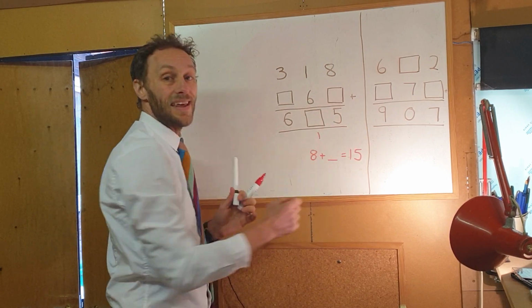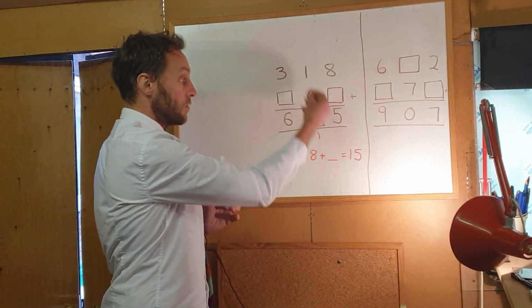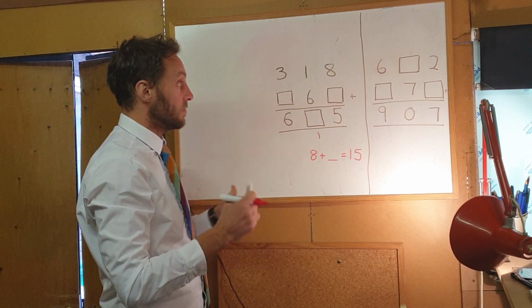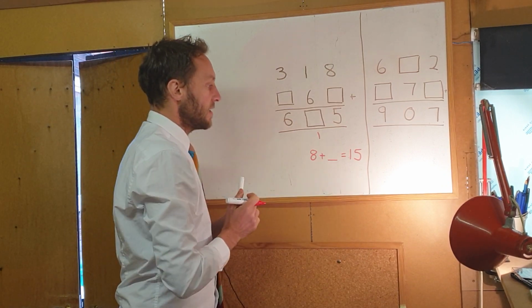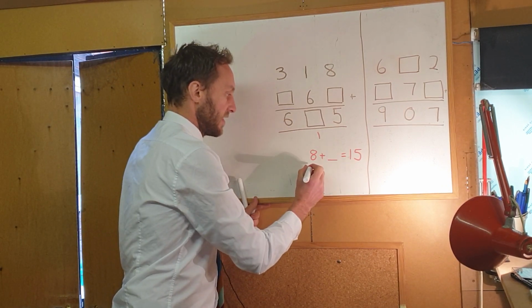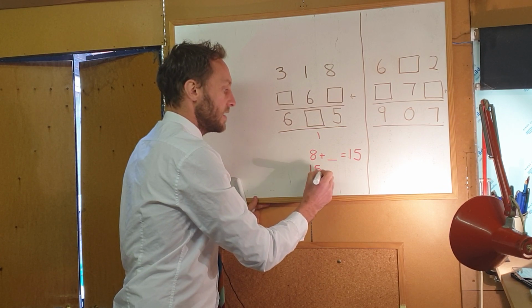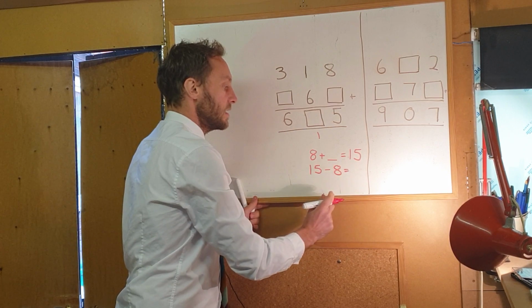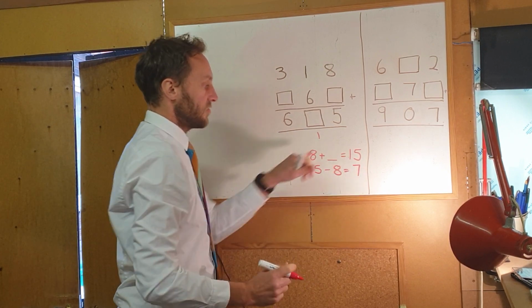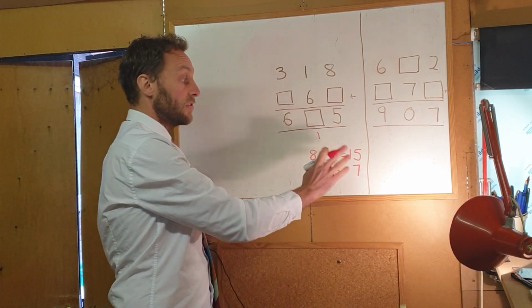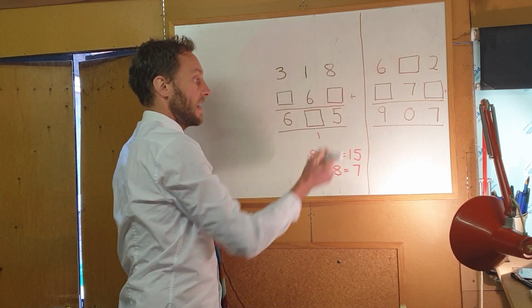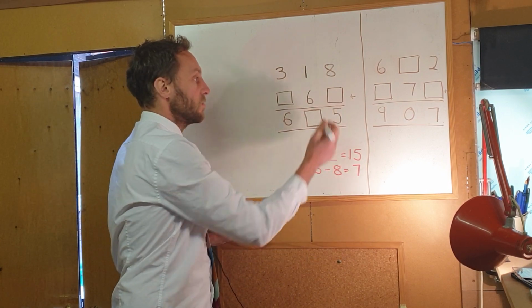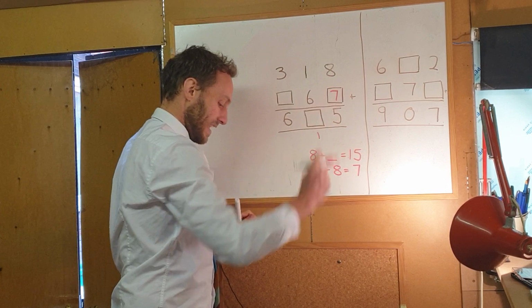Now, by writing this in, it makes it really clear and helps you with your reasoning and problem solving. So 8 add something, well, I can rewrite the order of this as 15 take away 8 equals 7. That's using the inverse rule. So I've used the inverse rule there to find out our first missing value, which is 7.